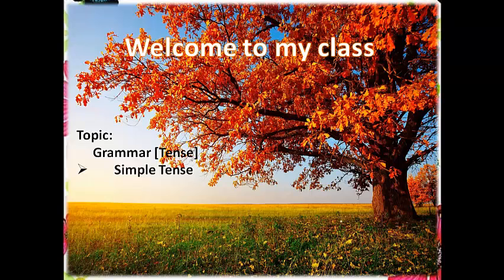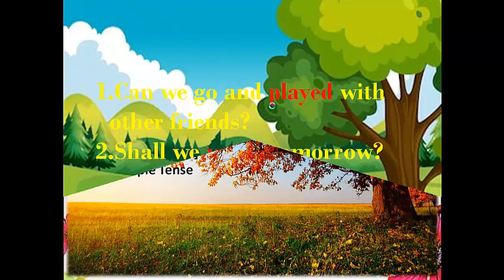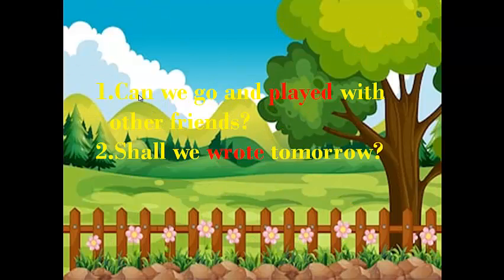Today I am going to teach you tense and its kinds. So before going to the class, let me show you some sentences. Read this sentence. Can we go and play with other friends? Shall we row tomorrow?